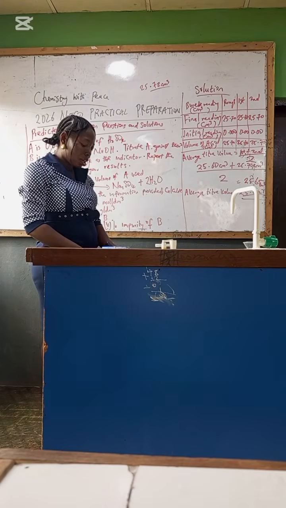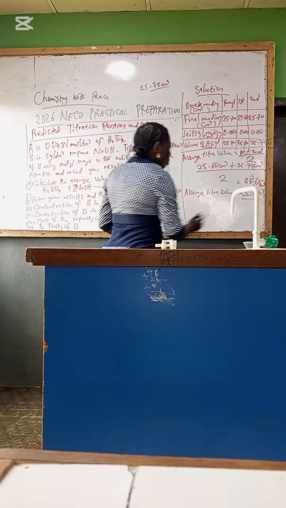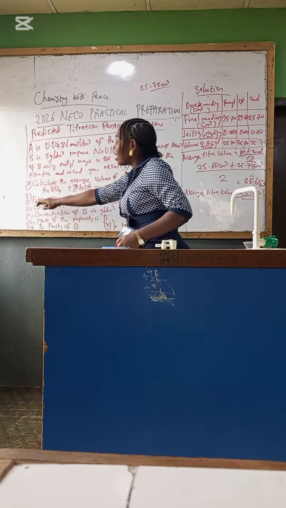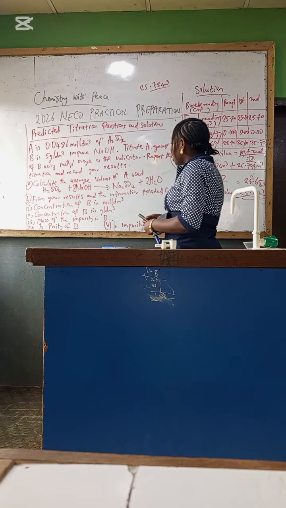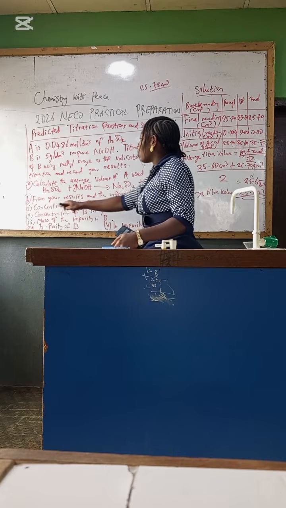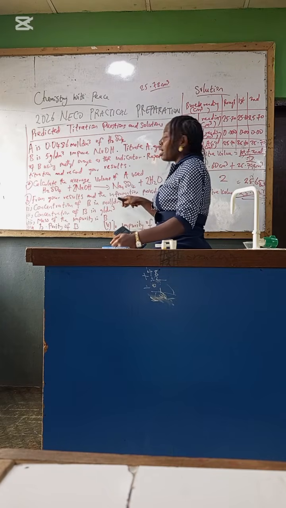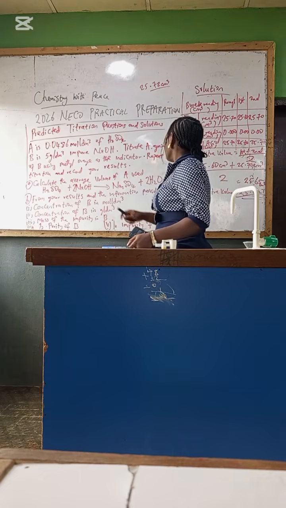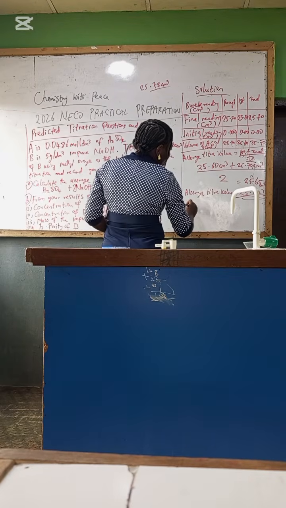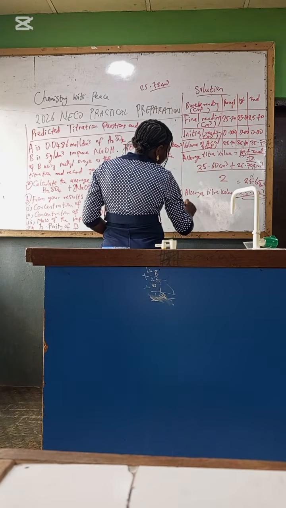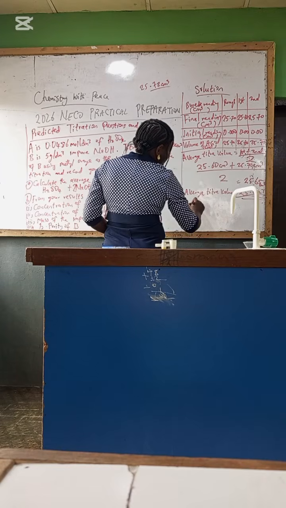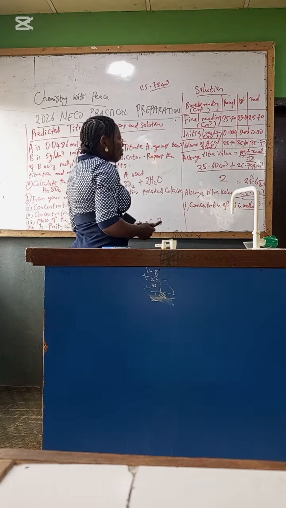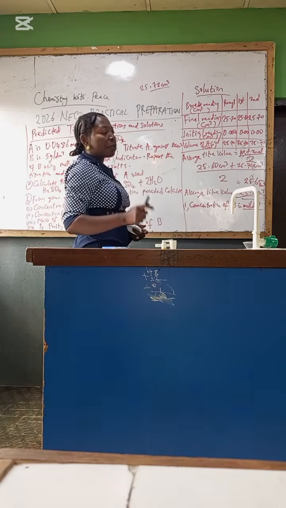Then the next question says, from your results and information provided, calculate concentration of B in mole per dm cube.